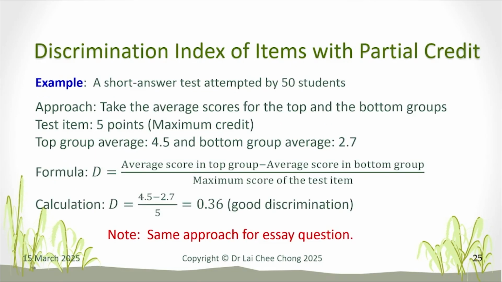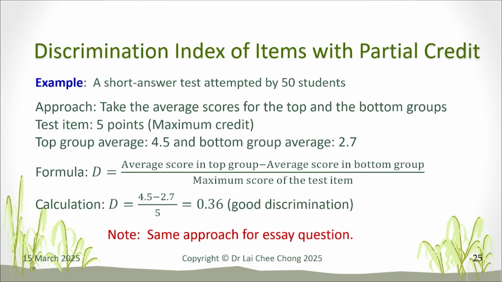How about with partial credits? Short answers. Now, that's where you take the average score on the top and the bottom. Let's say the test item's maximum is 5 points, okay? Then you take the top group, you average it out, let's say you get 4.5 points for the top group students there. At the bottom, you get 2.7.